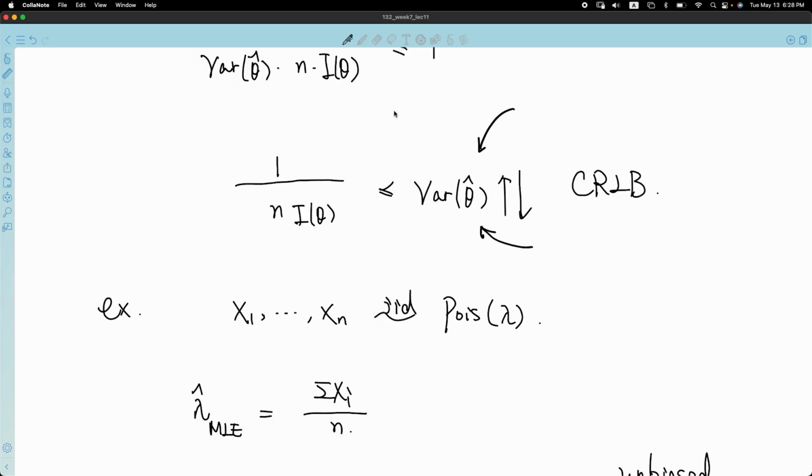When n goes to infinity, you will see that the lower bound goes to 0. But that is referring to the lower bound, not to the actual variance, whether it's wider or narrower. I'm not sure if I understand your question correctly. I might have misunderstood your question as well.